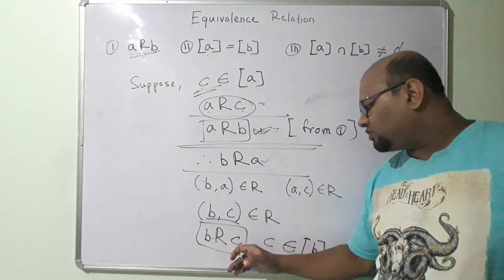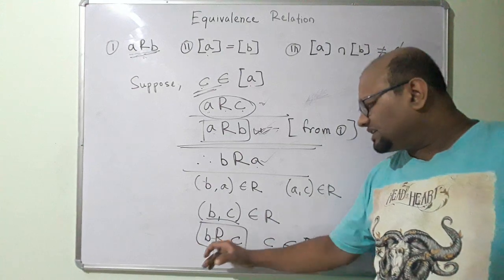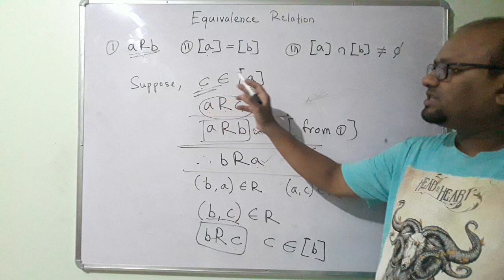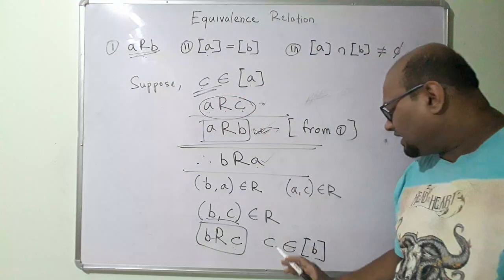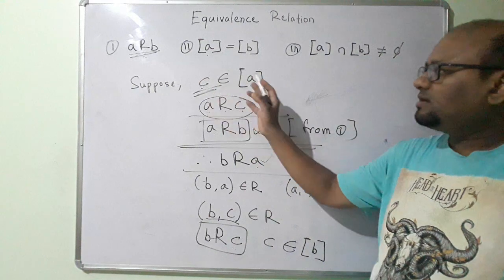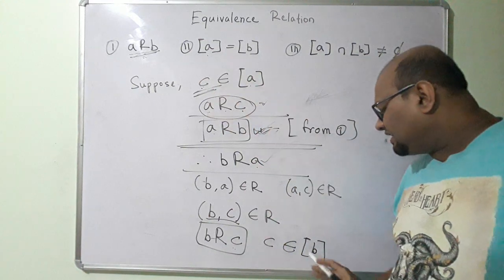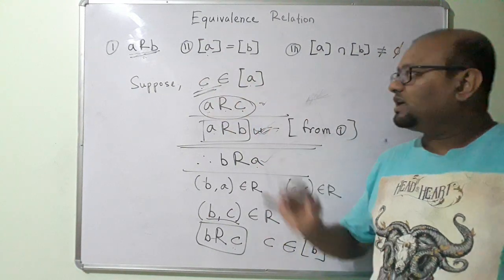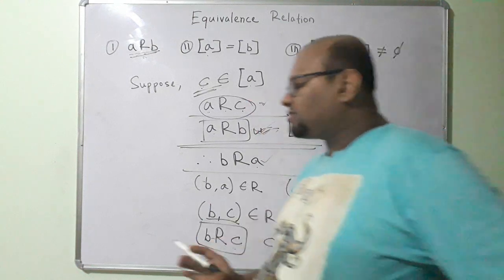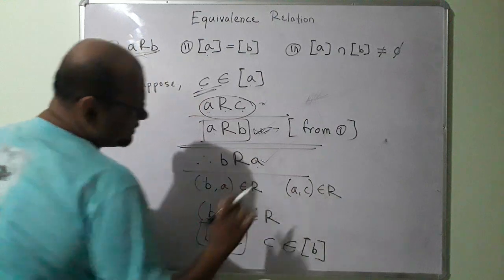That means B is equivalent to C. That means C is in the equivalence class of B. So we have shown that if some C is in the equivalence class of A, then C is in the equivalence class of B. So something being in A implies that thing is in B. This is the definition of A being a subset of B. So this is how we have shown that A is a subset of B.